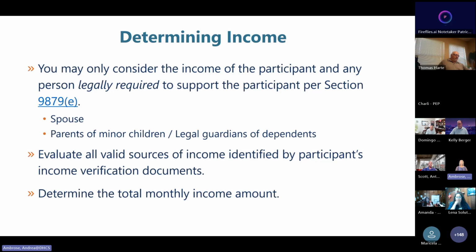You'll look at all of the different sources of income that the participant provides evidence for, and then you'll determine what their monthly income amount is. We really want to drill down to make sure that you're looking at their monthly income because that is the unit of measure that the regulation uses. So you'll want to figure their monthly income amount.